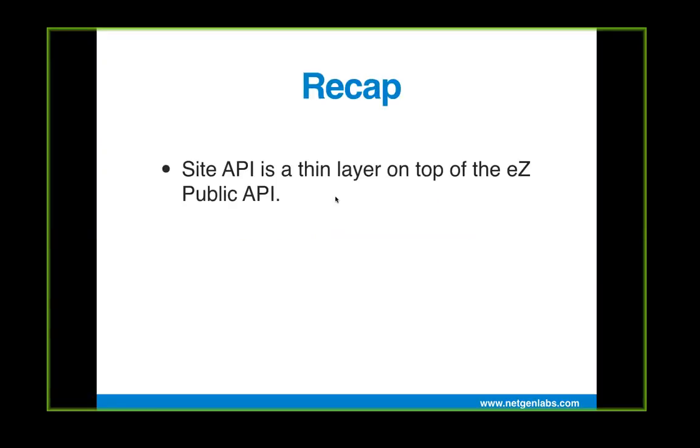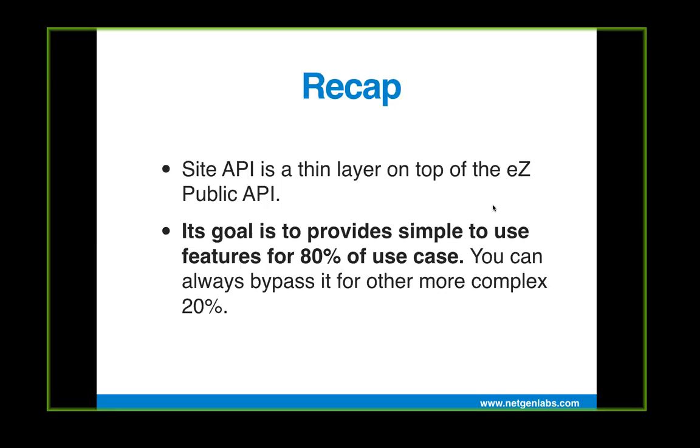So just a recap. Site API is a thin layer on top of the Ibexa public API, as hopefully you got. What is very important, I think, to emphasize once more is that the goal is to provide simple to use features for 80% of use cases. So, everyday things that we do on every project need to be much faster. Of course, there's always some more complex situation where you just cannot do it, and of course, you will fall back and do it as you do it today.